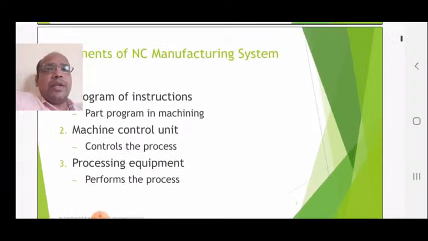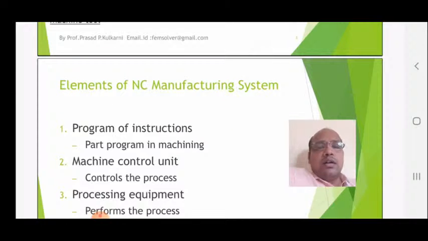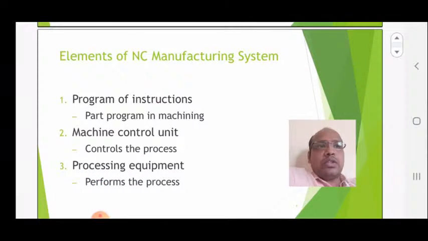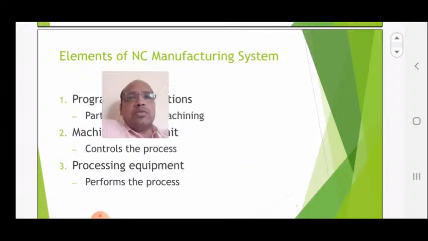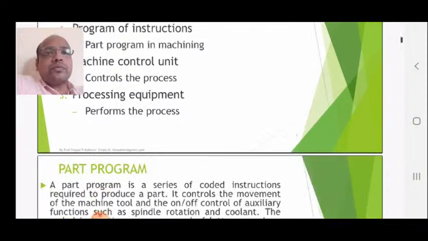All these three elements, the first one is a part program, second one is the machine control unit, and third one is the processing unit, are interconnected to each other, and by using these three elements we are going to manufacture a component in ENC system.